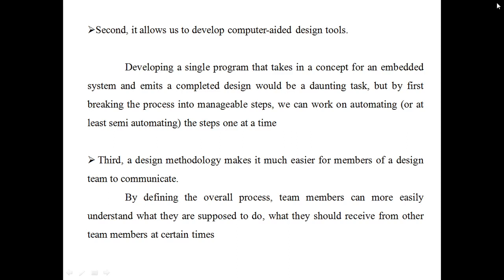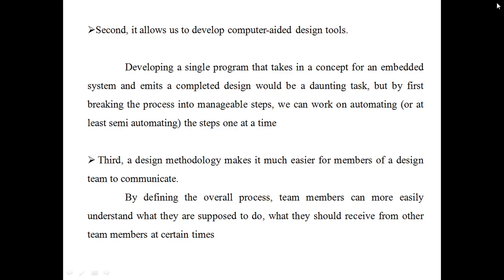Then the third reason is that the design methodology makes things much easier for team members. Once we are done with our design, our teammate also has to know which program we used and which kind of design we used, and the components which are flexible to the designer.